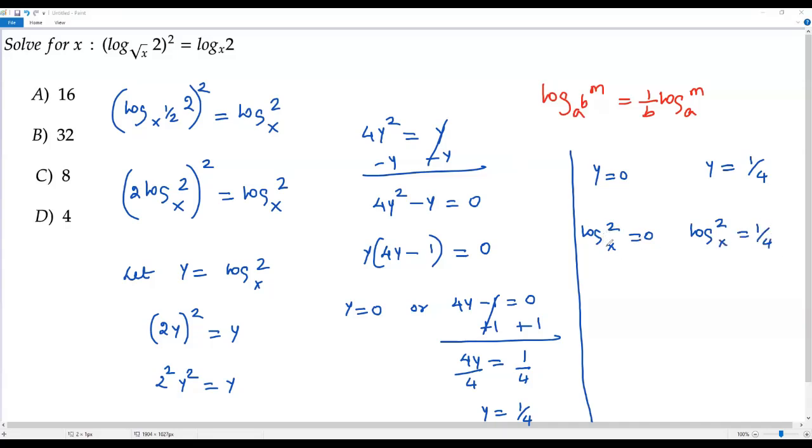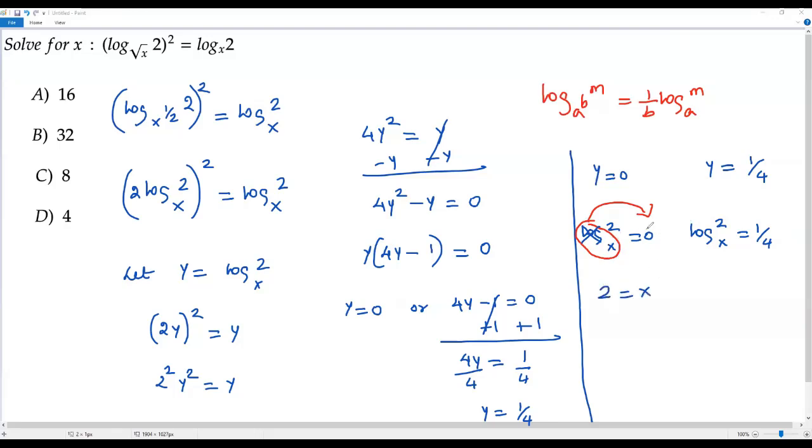Our aim is to solve for x. According to the question, we have to find the value of x. To solve for x, we have to convert these two equations to exponential form, since they are already in logarithmic form. To convert the first equation, I move the logarithm along with its base x to the right side, ignoring the logarithm and considering only the base x.